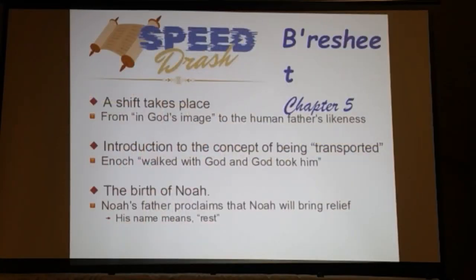And I also see here the introduction to the concept of being transported or translated, taken from one realm to another, not dying. Because of who? Enoch.